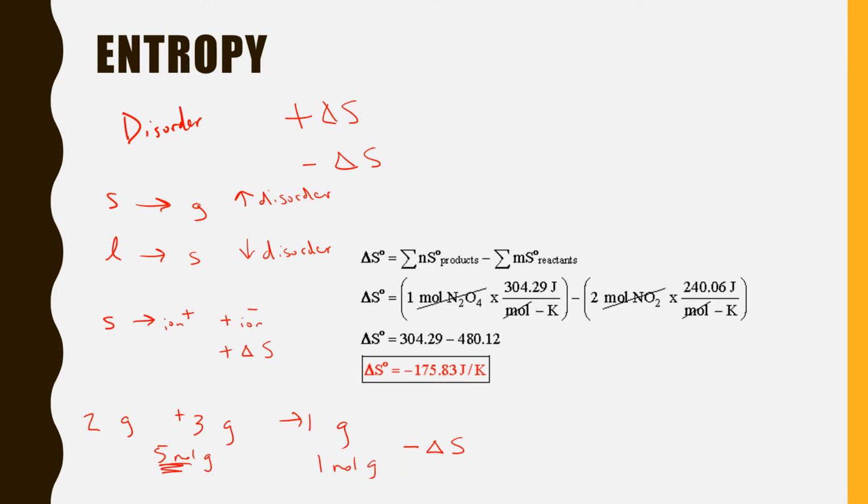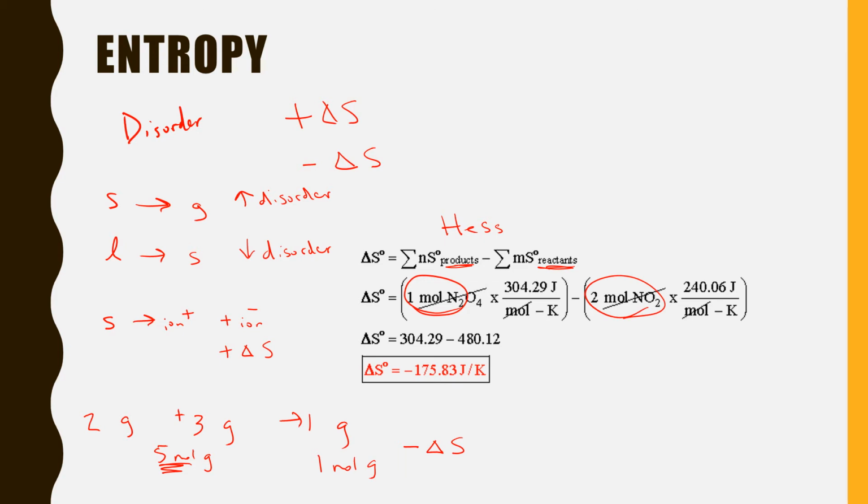How we calculate delta S is the sum of my delta S of my products minus the sum of the delta S of my reactants. This is Hess's law again, or the Big Mama equation. And what I also have to do is multiply by how many moles I have in that balanced reaction.